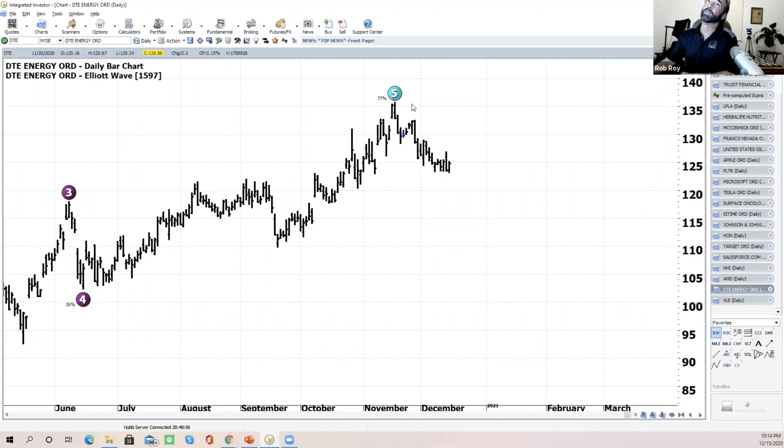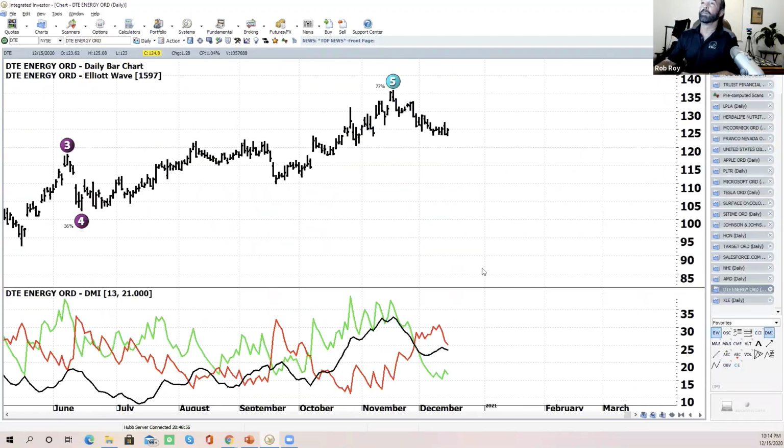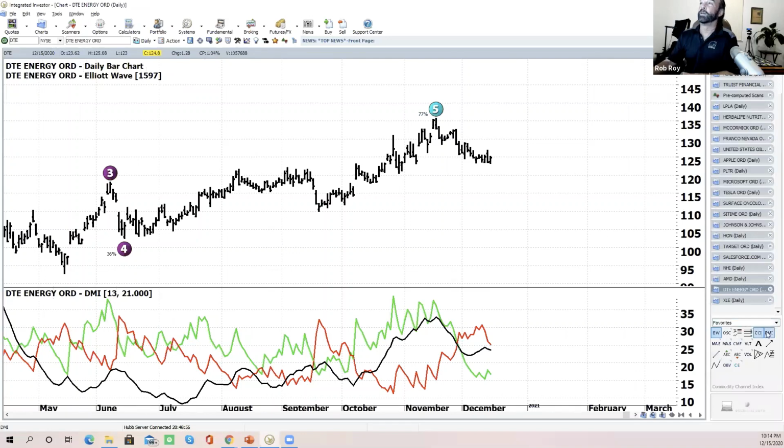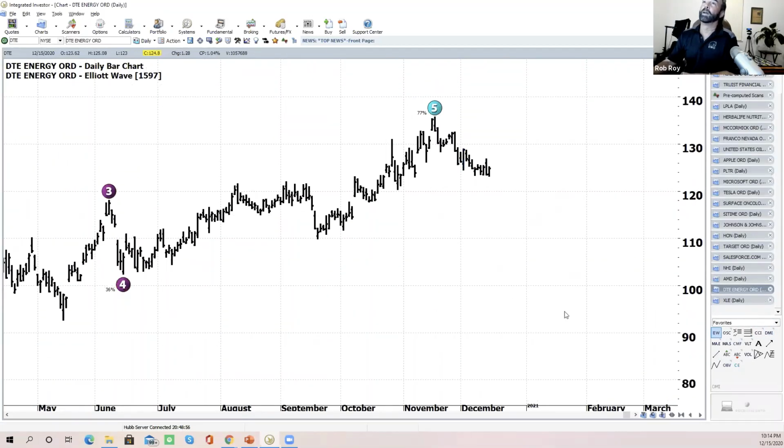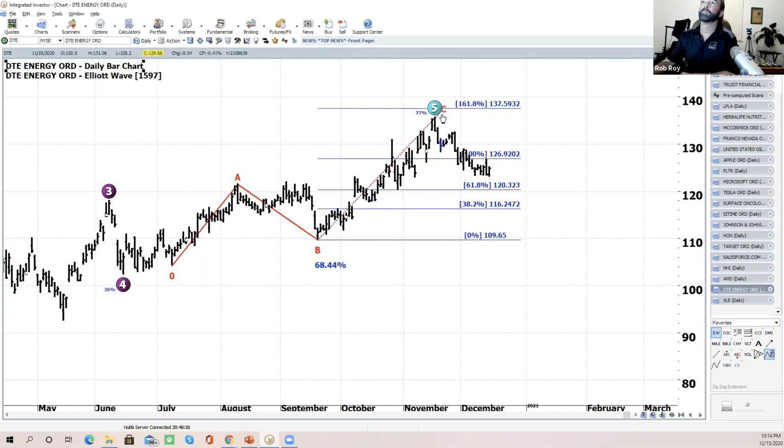The thing about this, though, is see the sellers are in control here now. The expectation, let's look at that zigzag. Almost to the 161.8% level. So it did its thing.